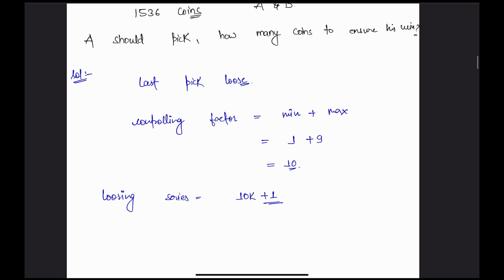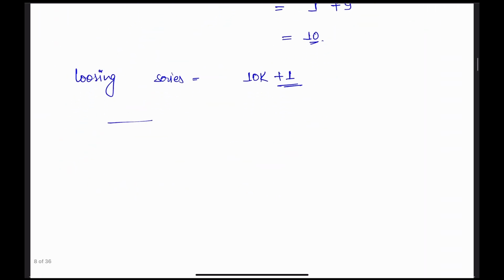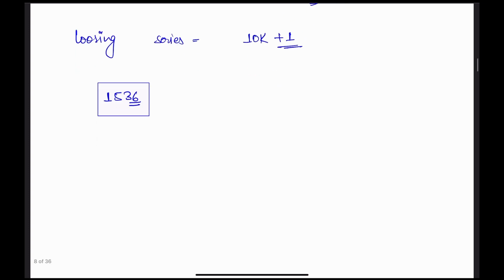So if there are a total of 1536 coins, what is nearest to 10k plus 1? 1531 is the nearest.